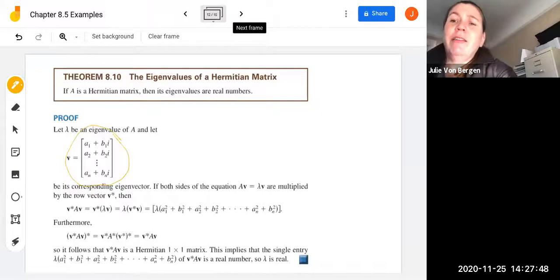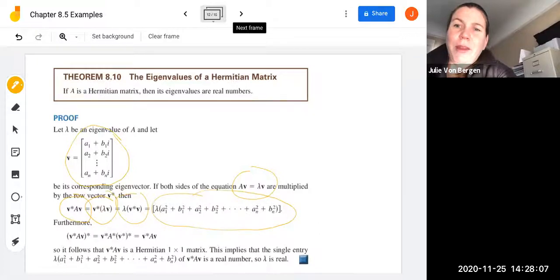If both sides of the equation Av equals lambda v are multiplied by the row vector v conjugate transpose, then v conjugate transpose Av is v conjugate transpose lambda v. You can pull out the lambda, so it's lambda times v conjugate transpose v. And that works out to lambda multiplied by each component squared and added up.